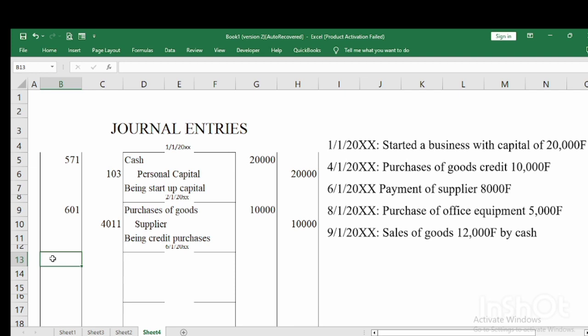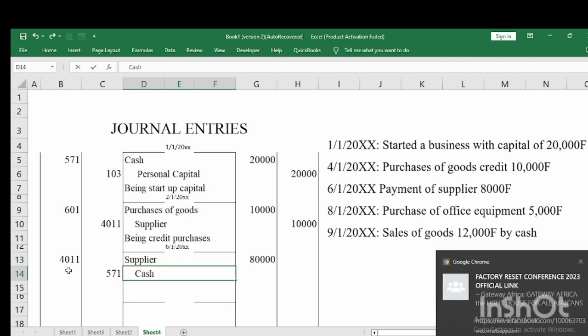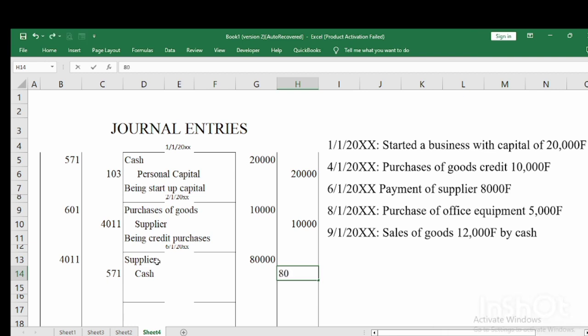So we debit now the supplier 8,000 francs, and we credit our cash 8k.